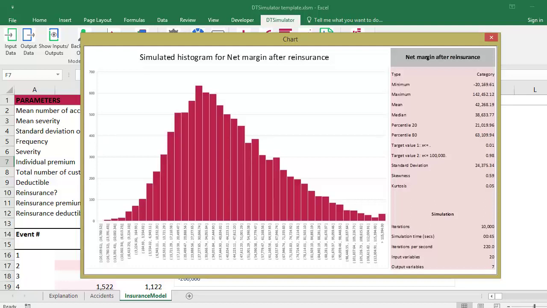However, insurance decisions are rarely based on the means or averages, but rather on the tails of the distribution. Under the reinsurance option, the ceding company has covered its losses. With reinsurance, even though the probability of a loss is now slightly higher at 1% and the mean profit is slightly lower at $42,000, when compared to the mean uncovered profit position of $65,000, the company has been able to limit its potential losses.